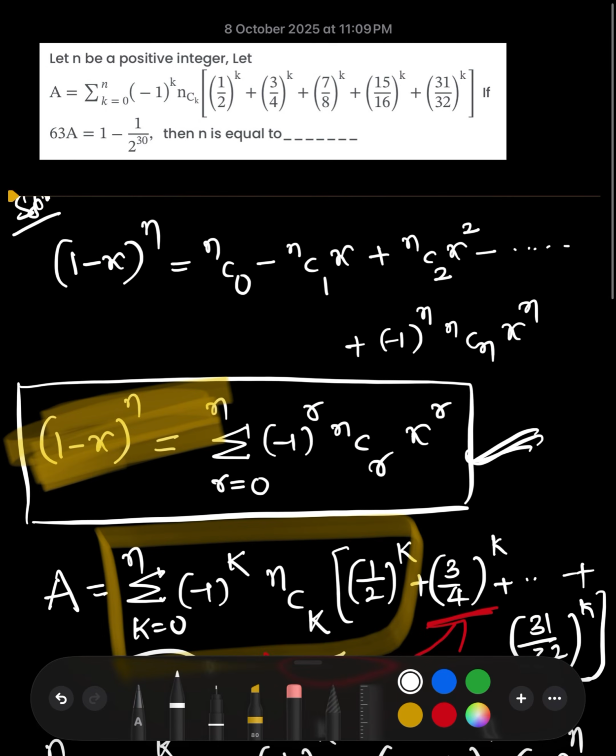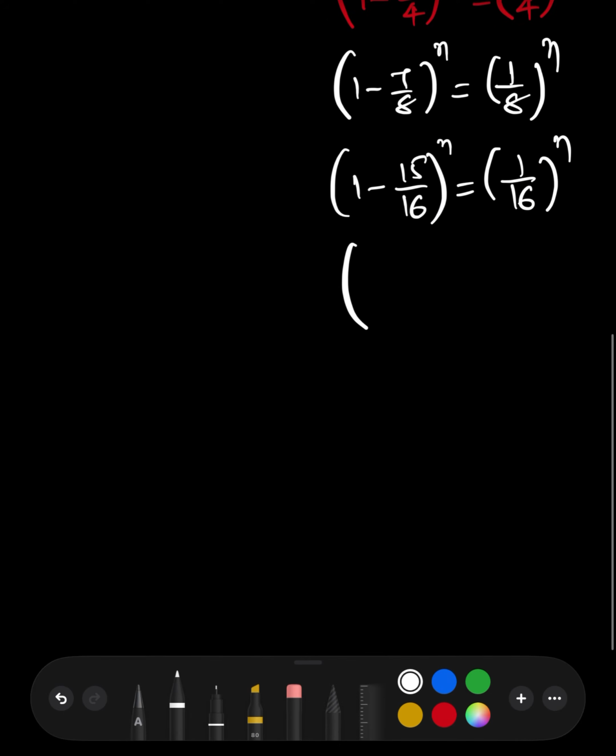And the last value is 31/32, that is 1 minus 31/32 whole power n, that is (1/32)^n.